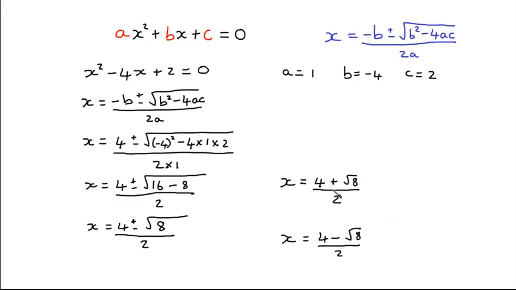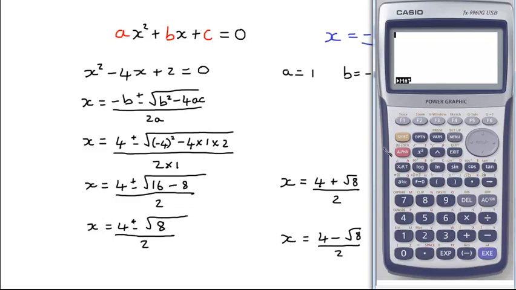Now, in order to find this value, we now need to put this into our calculator. So if we get our calculator up, okay, we can see we've got 4 plus root 8 divided by 2. We're going to do that in brackets. So we open our bracket first of all. We do 4 plus the square root of 8.